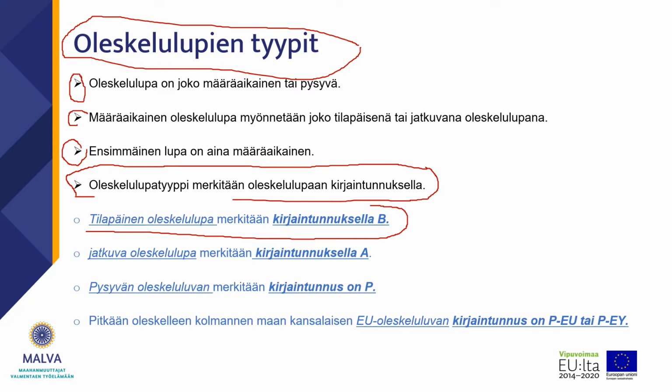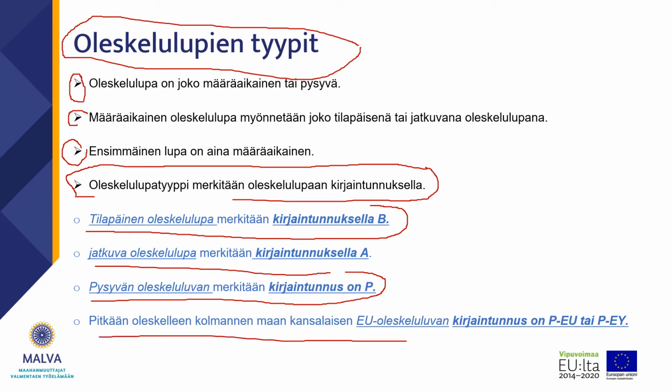If there is the letter B, that means a temporary residence permit. If there is letter A, that means a continuous residence permit. The residence permit with letter P is the permanent residence permit.